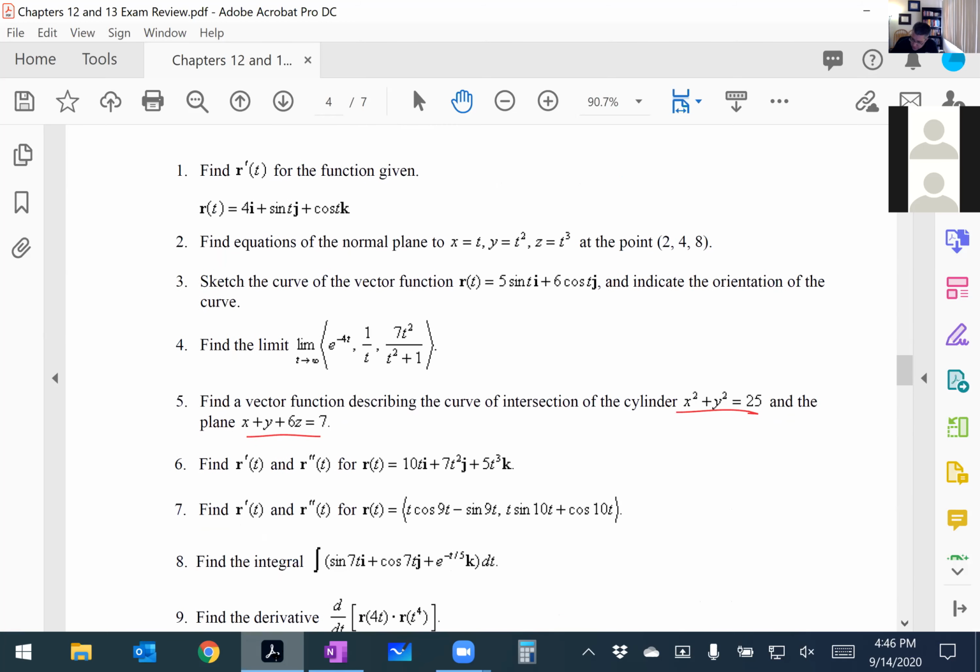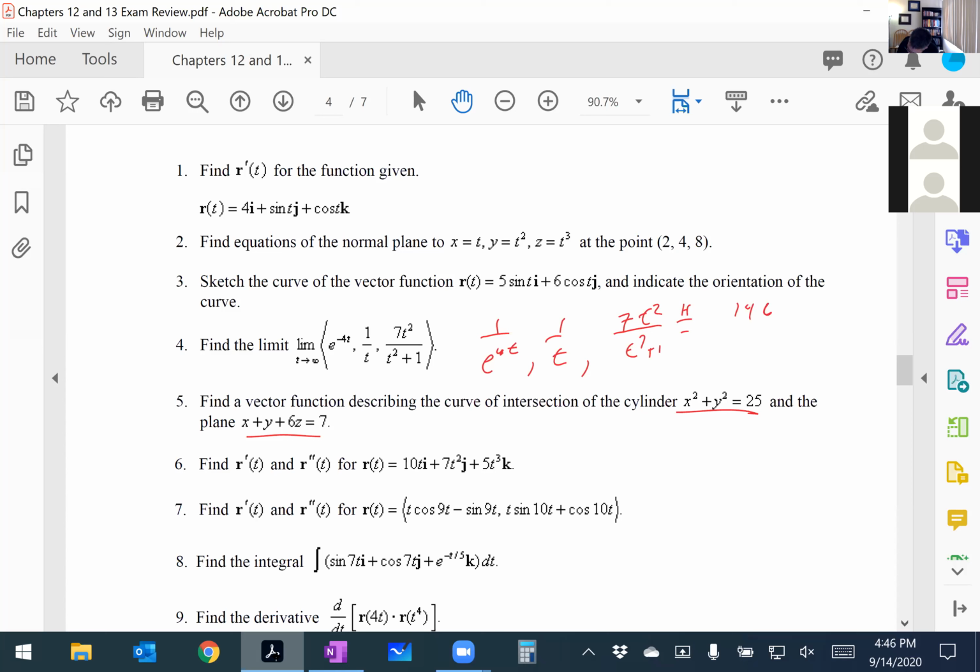Okay, find the limit of this thing as t goes to infinity. Well, I think we're just taking limits, right? So this is 1 over e to the 4t. This is 1 over t, and this is 7t squared over t squared plus 1, which you could use L'Hopital's rule on if you really wanted to.